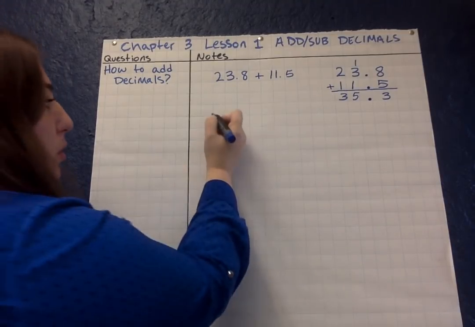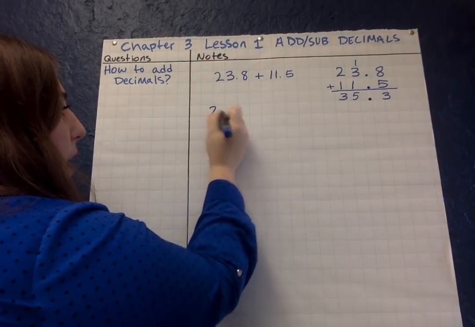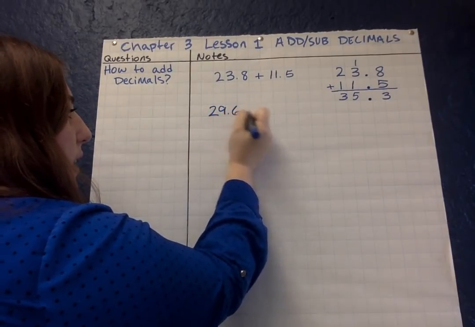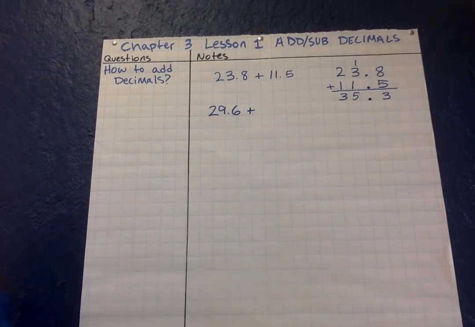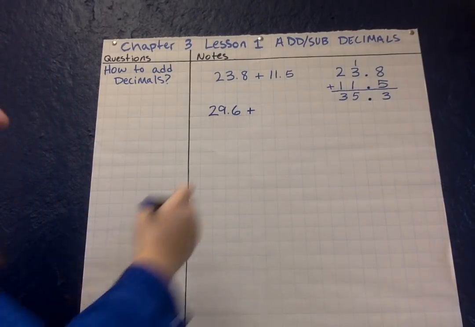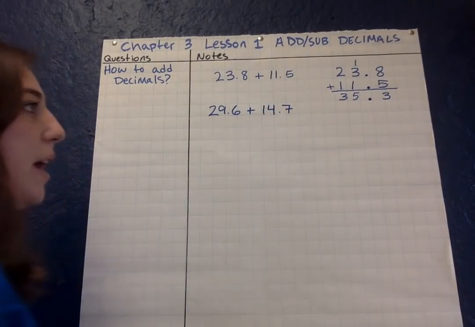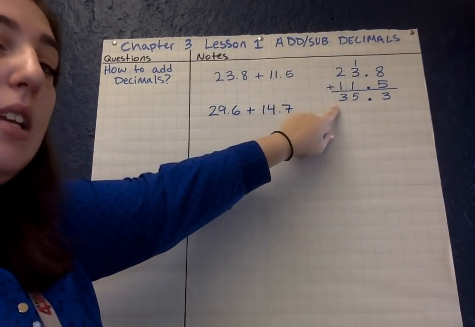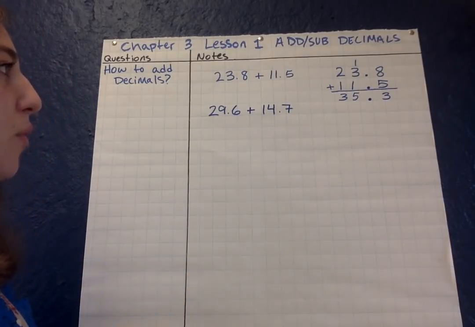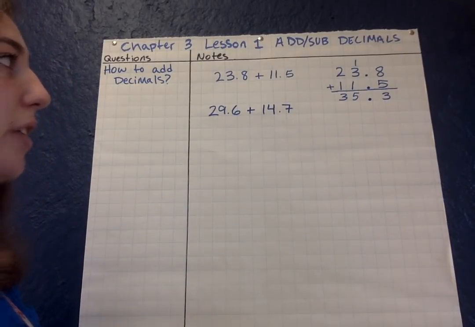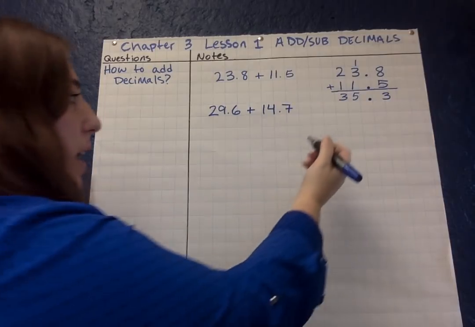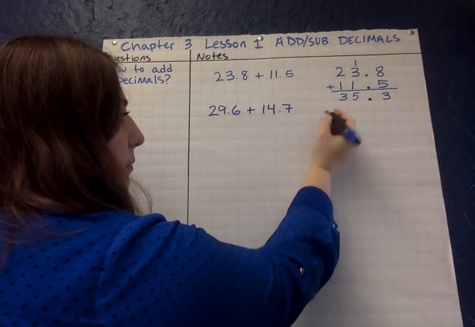So let's do 29.6 plus 14.7. Okay. So if this wasn't easy enough for you, or you were kind of having a hard time placing your decimals, we're going to make this a little bit easier.